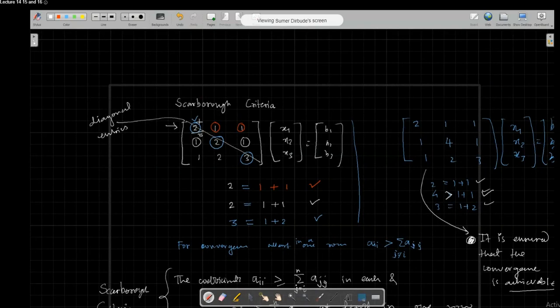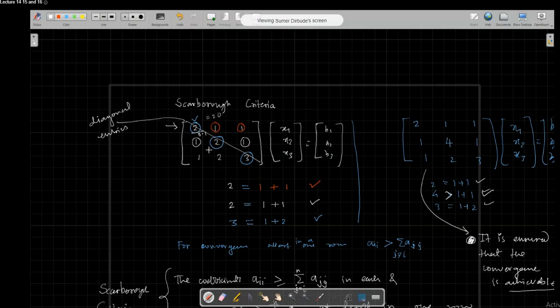Then this value will become 0.4, so the diagonal dominance is gone. Suppose I divide it by a small number like 0.1. 2 by 0.1 will be 20.